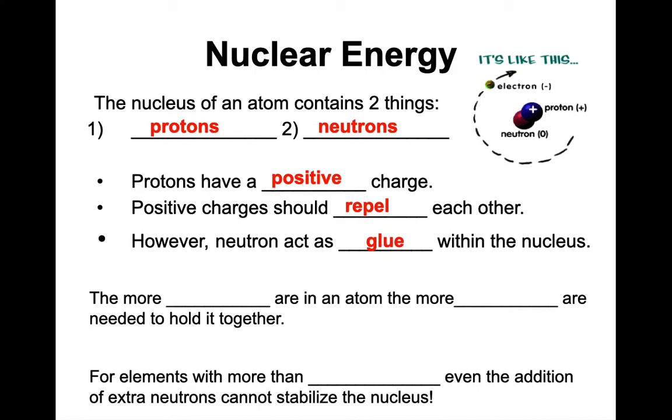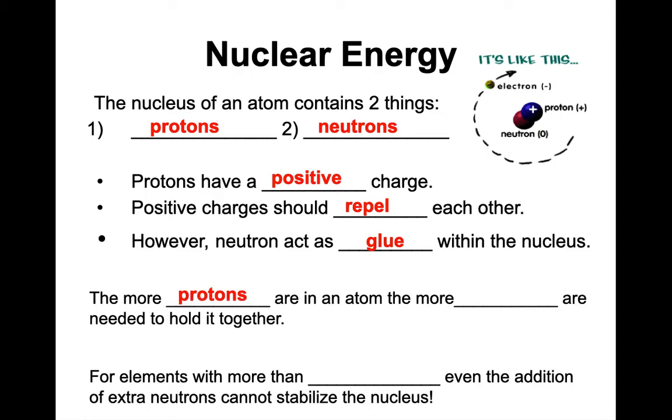And this is also the reason, if you look at your periodic table, as the number of protons increases for the various elements, you'll notice something about the number of neutrons. Go ahead and look at it. What happens to the number of neutrons as the number of protons increases? Well, the number of neutrons increases as well.